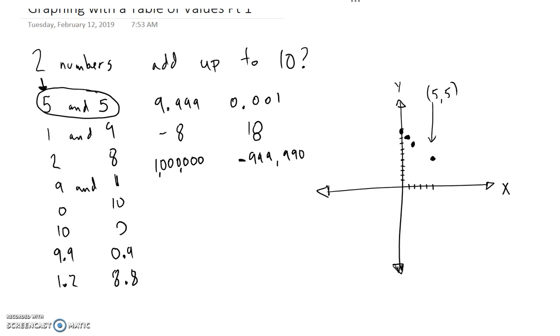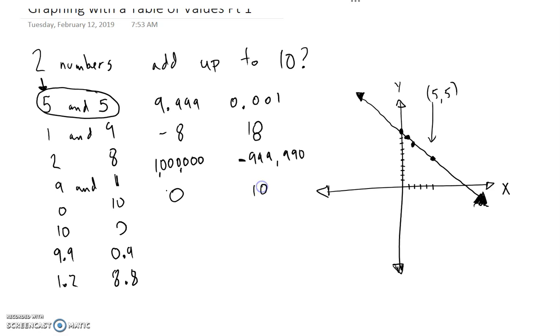So what I can do here is I can notice that these solutions are following a pattern, and after I've seen 4 dots, I can see that the pattern is going to follow a straight line.